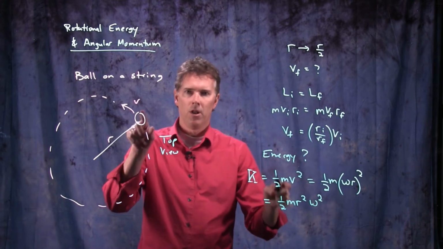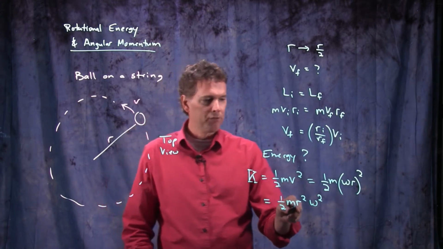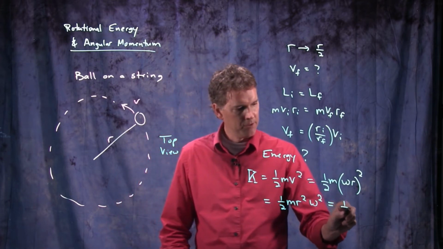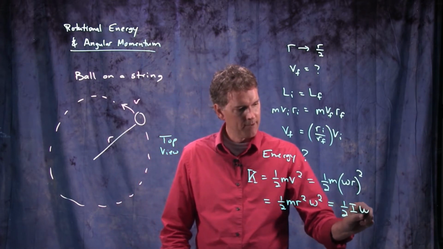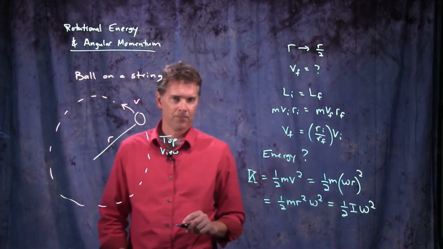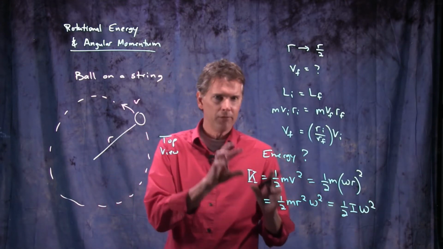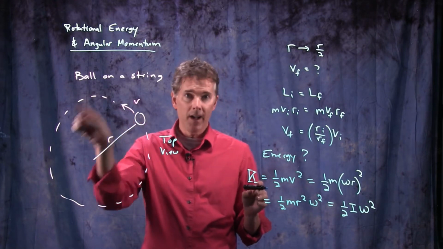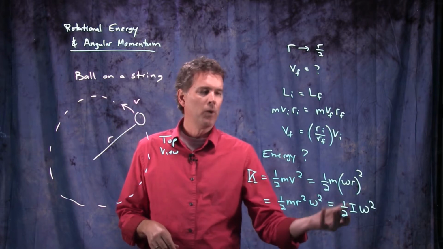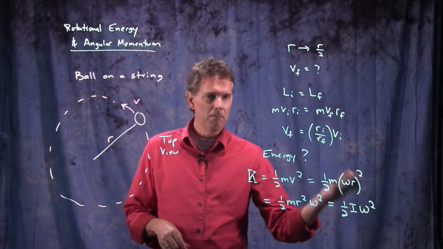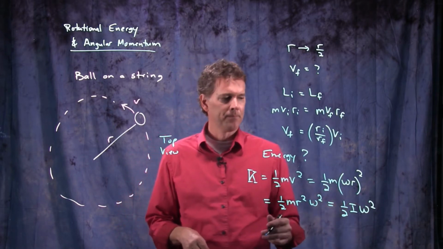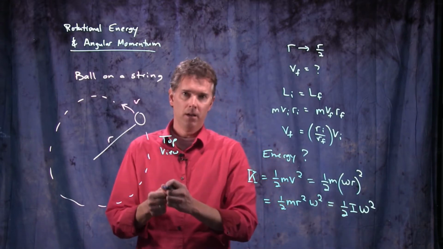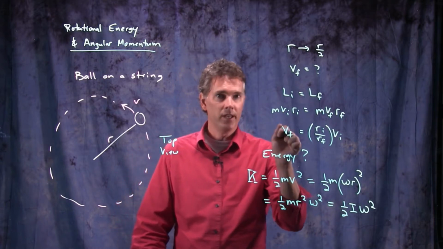But if it's a ball on the end of a string, mr squared is the moment of inertia. And so this thing is exactly equal to 1/2 I omega squared. So rotational energy is really just the same idea as kinetic energy. How fast is that thing moving? We're just going to write it in terms of these other variables, moment of inertia and omega. So, does omega go up as you pull it in? Absolutely. Just like v went up.